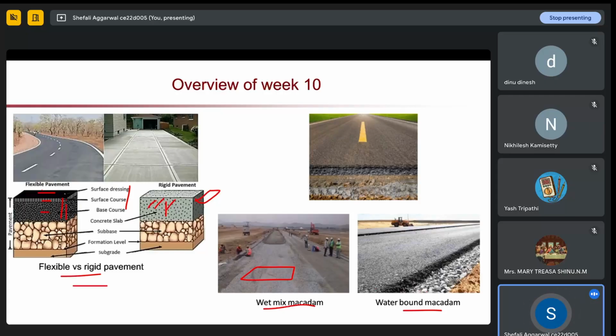In water bound macadam, we have only coarse aggregates which are interlocked with each other. The main use of this type of layer is that whenever there is rain, water will penetrate through this and go to the soil surface below.